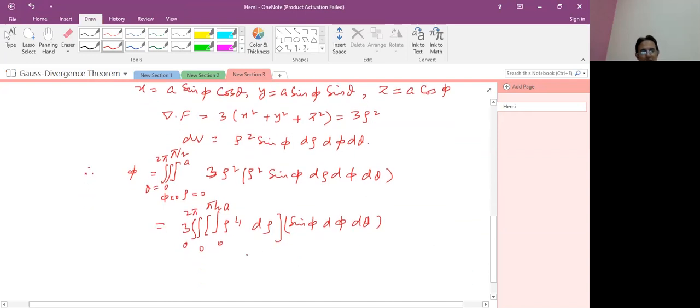So we integrate rho to the 5 upon 5, then we apply the limit 0 to a, sine phi d phi d theta, with the limit of phi 0 to pi by 2 and the limit of theta 0 to 2 pi.